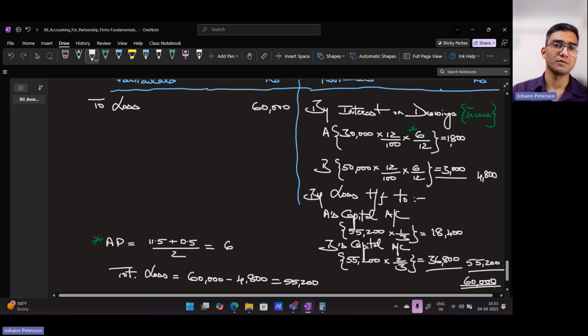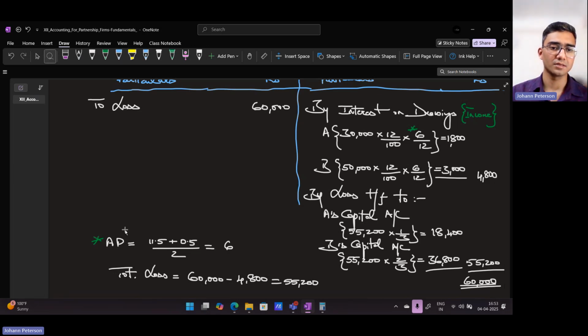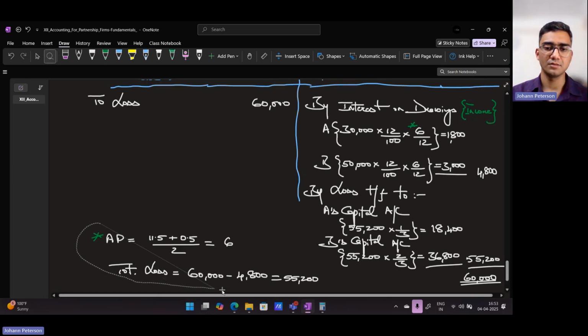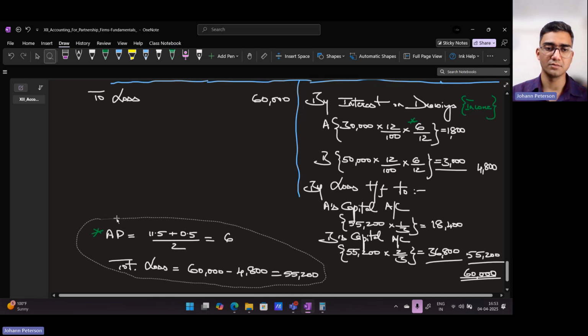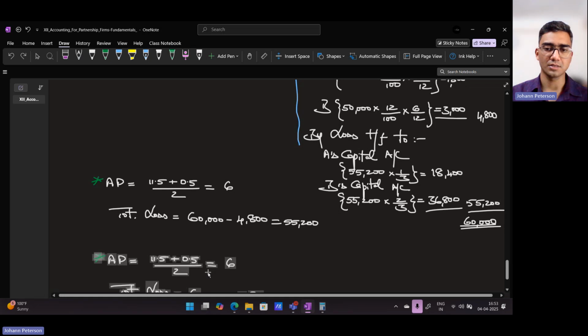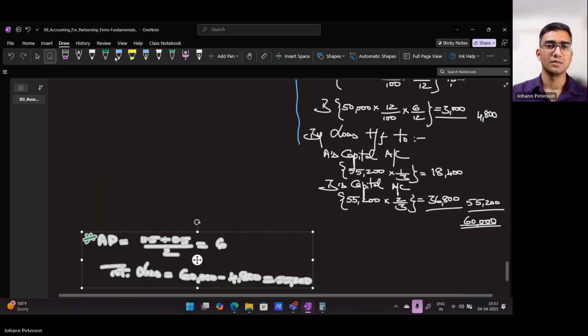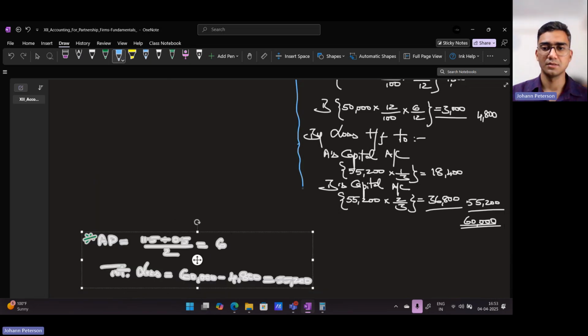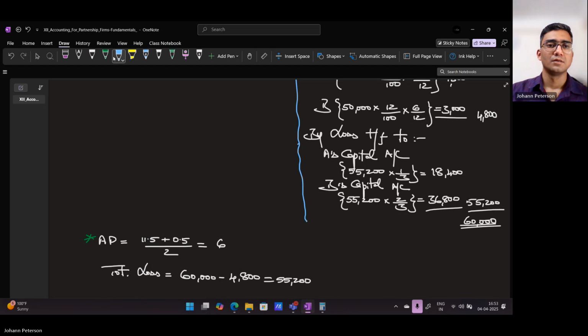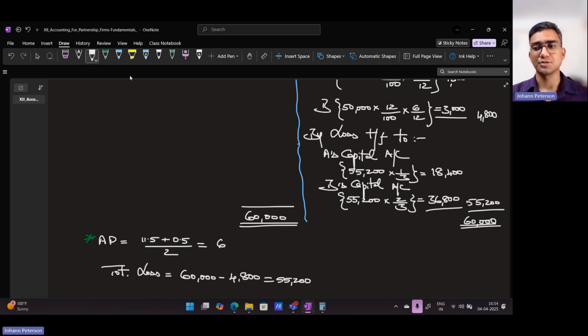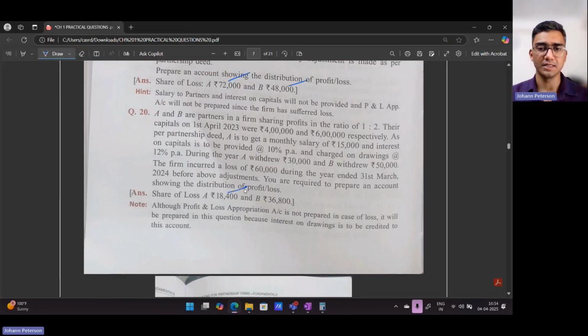So on both sides, we will write this. Let us copy this down, move it down, and close our account. So this is my total on the debit side as well. So this should be our answer, 18,400 and 36,800.